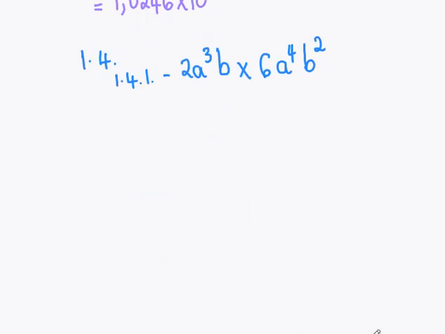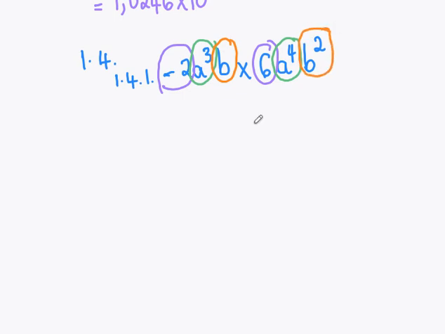Remember, whenever we're doing these ones, we need to make sure that we multiply numbers with numbers, then we multiply similar letters with those letters. There's also the b there, so we take the b times the b here.